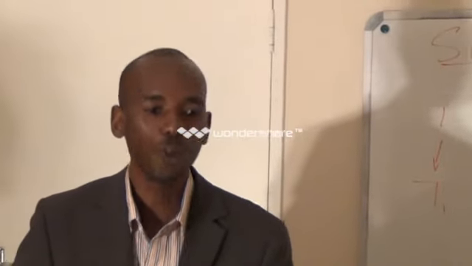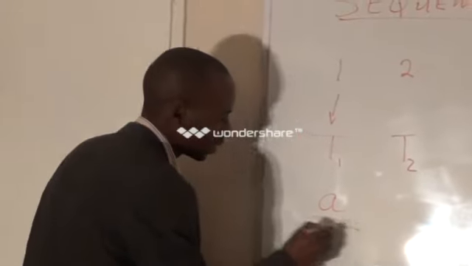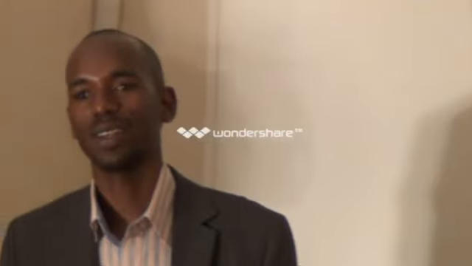Now, we've got a special way of representing our first term. Let's agree to use the first letter of the alphabet. Let's use A. So our T1, let's represent it with the letter A for all cases that we're going to work with.